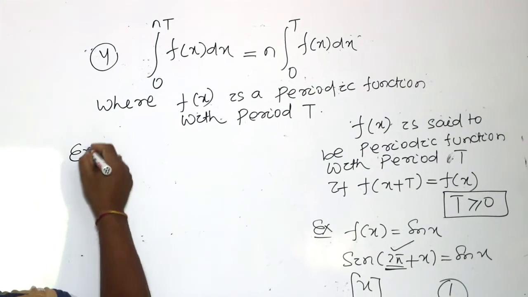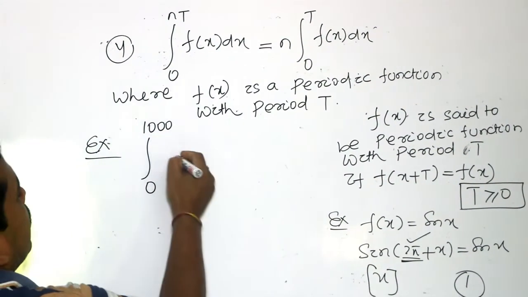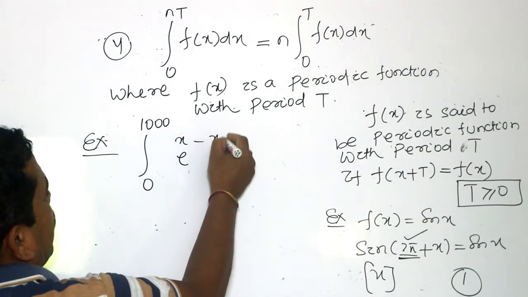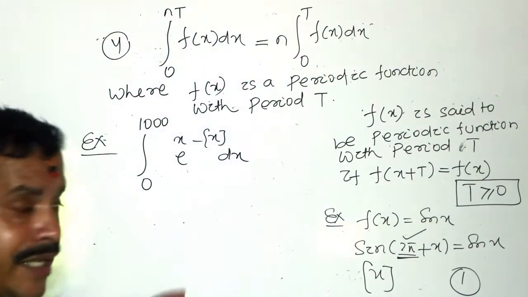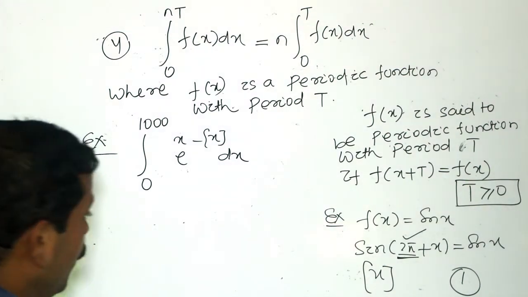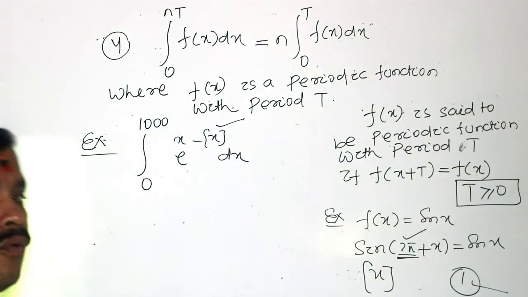For example, the integration from 0 to 1000 of e to the power x minus bracket x dx: how do we evaluate this integration? We know that bracket x is a periodic function with period 1.